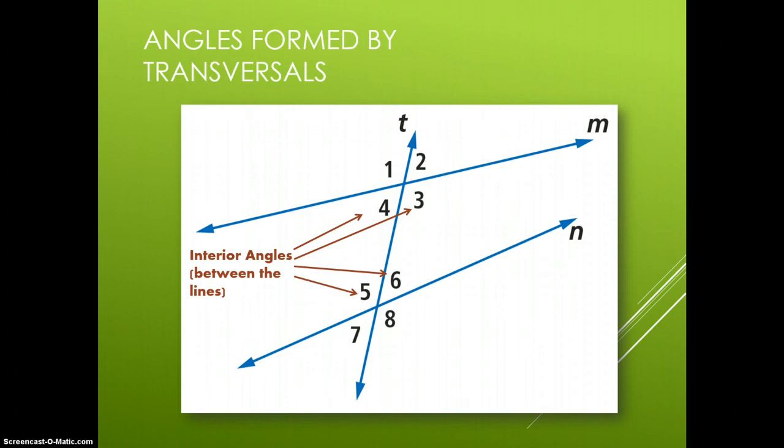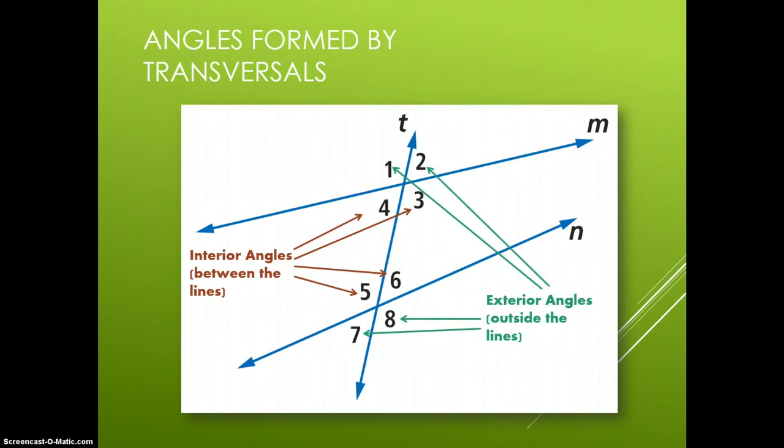So these are our interior angles, 4, 3, 5, and 6, because they're on the inside. That leaves us with 1, 2, 7, and 8, which we will call our exterior angles. Those are on the outside. So it's very important that we've got this terminology down. Again, we've seen this before, just a quick review.